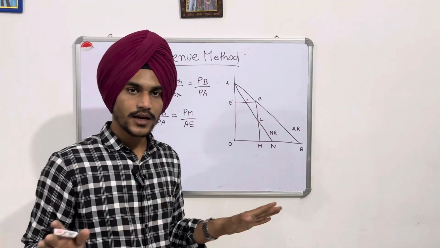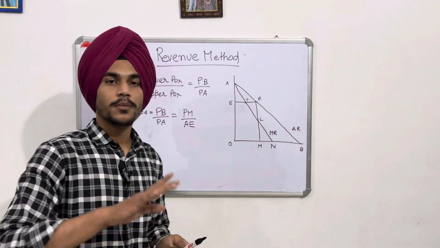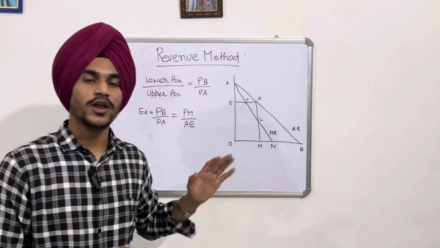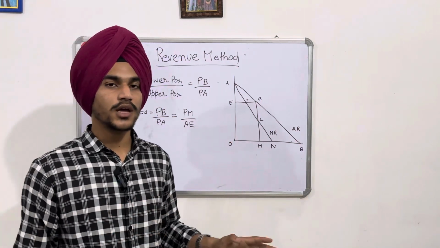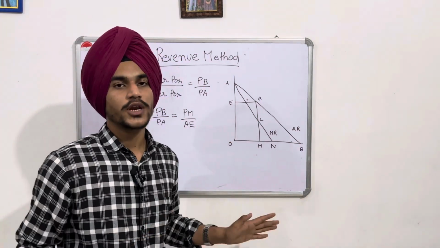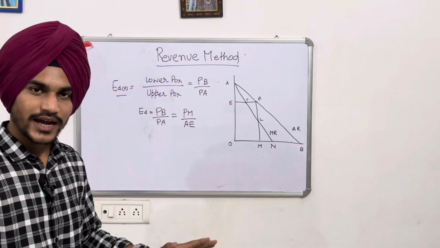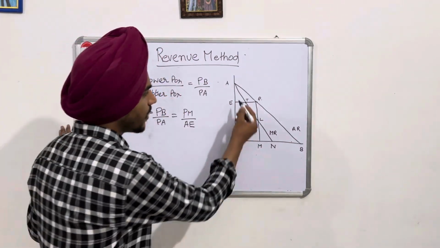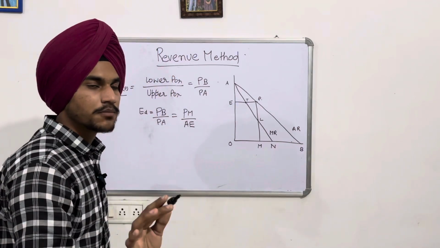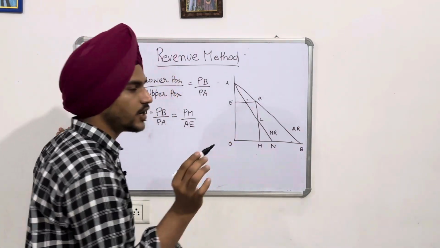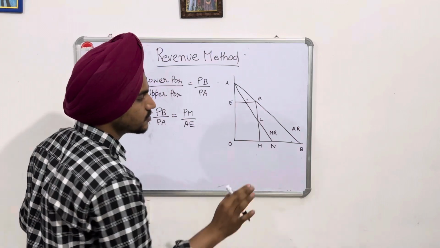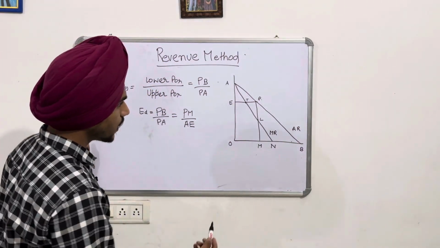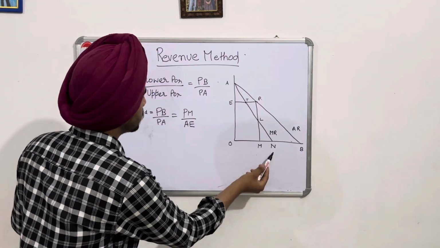Just crack it as it is in this chapter. In upcoming chapters I'm going to explain each and everything about the revenue curves in very detail. So do not worry about it, just crack it for this chapter, that this is the average revenue curve, that is the demand curve, and this is the marginal revenue curve. Now this is average revenue, this is marginal revenue.